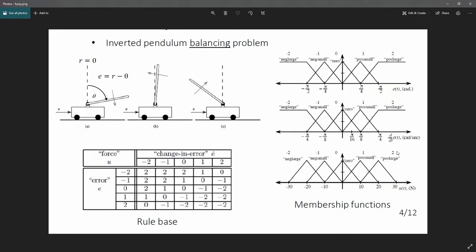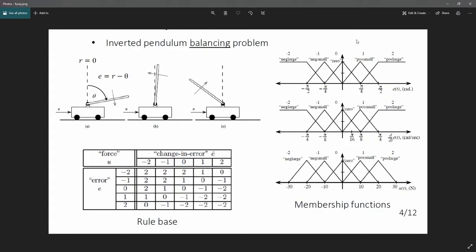Positive large may be about 100%. Positive small is maybe around 50%, and negative small maybe also 50%, but in the opposite direction. And for 0, maybe it stops moving.